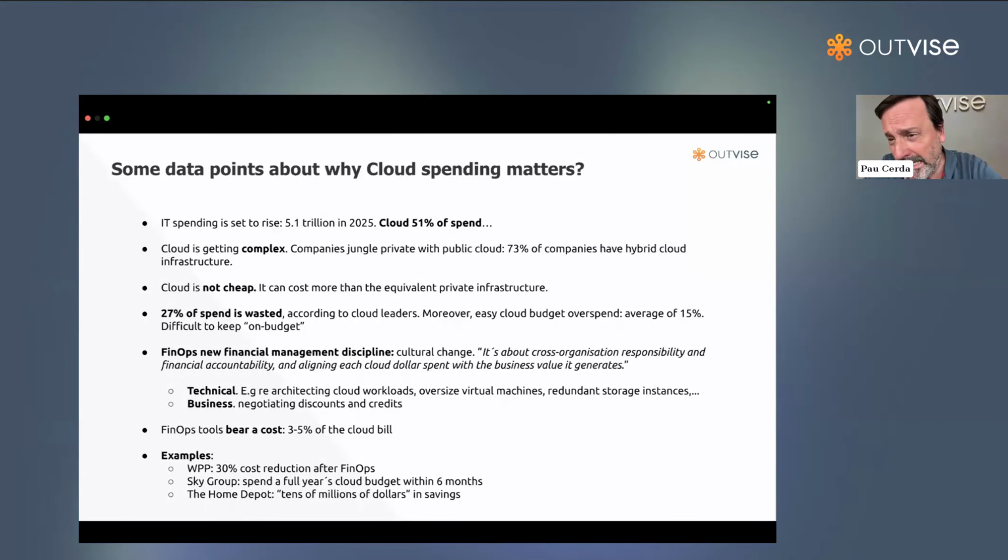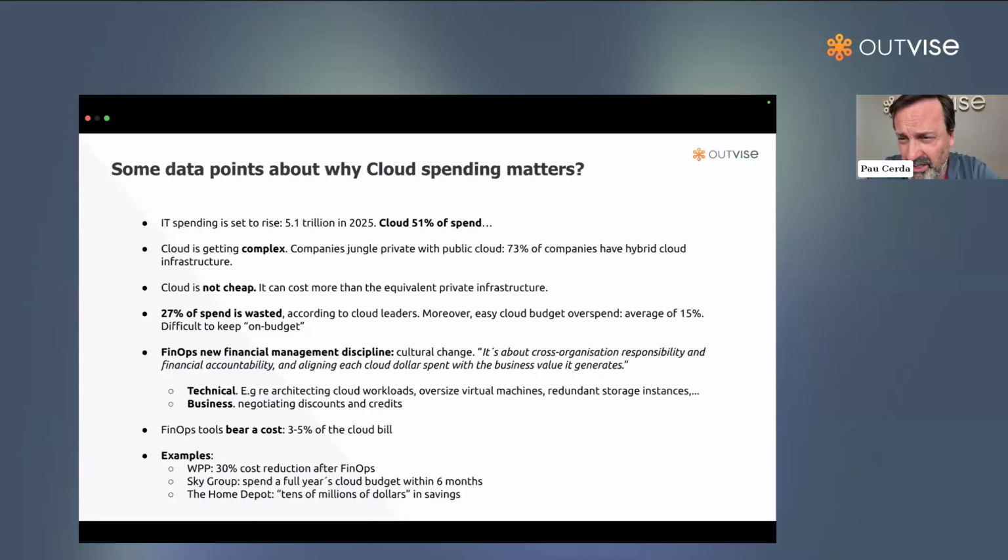So that's the reality. And then based on that, we saw a new discipline coming up, what Abdeldjalil was saying, which is FinOps. FinOps is about understanding the correlation between cloud spend and business return. It's about finance and IT.